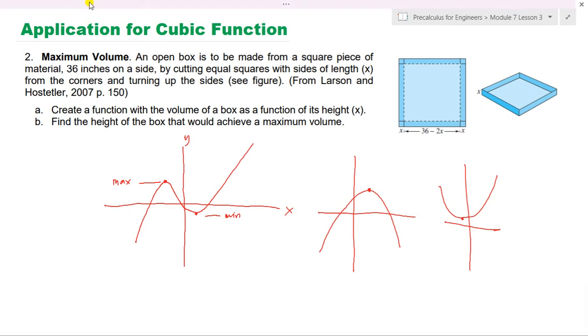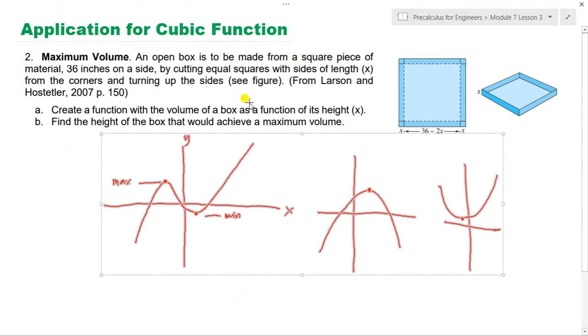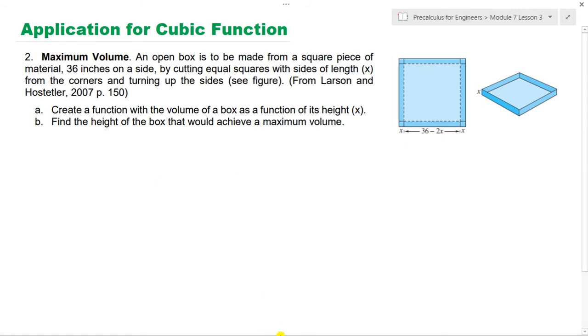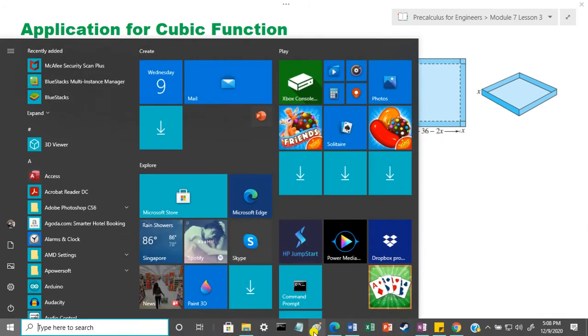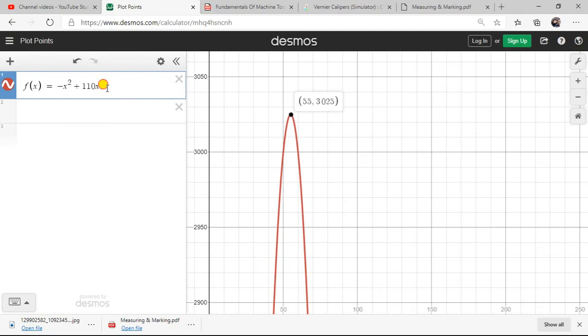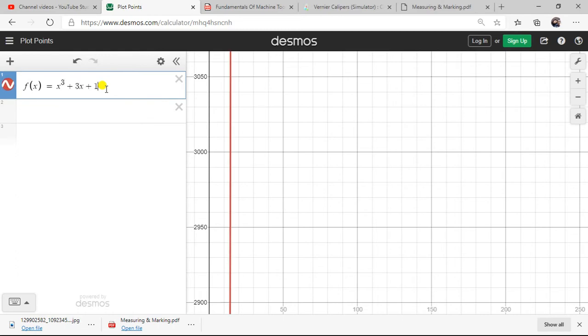Now let's try one example, and we will graph it using the online graphing calculator. So let's go back to the online graphing calculator. Let's say we input a cubic function, that is x cubed plus 3x plus 1.